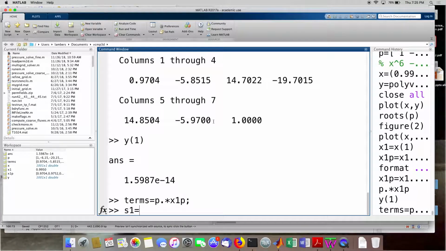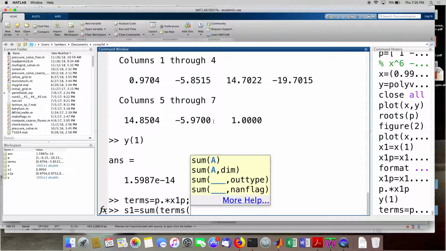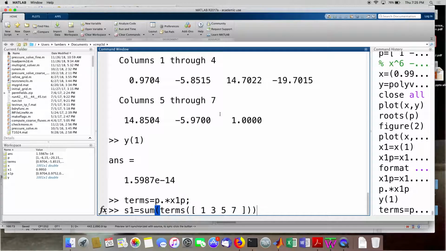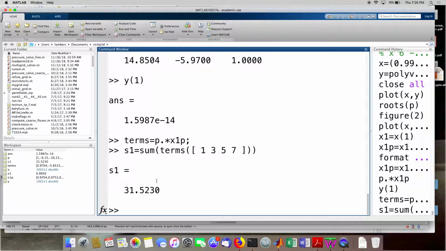So I take terms 1, 3, 5, and 7 and add them up. So this is the sum of all the positive terms.